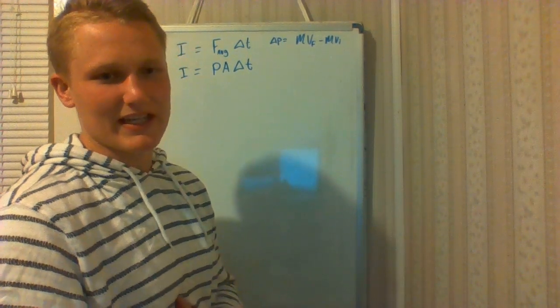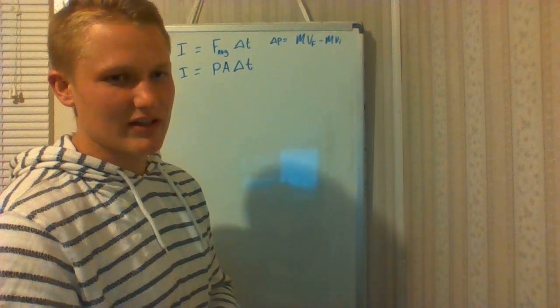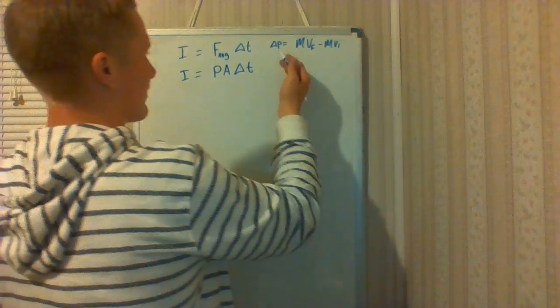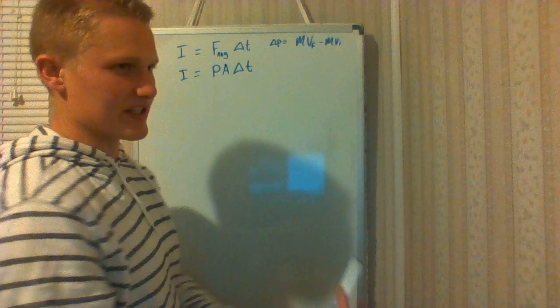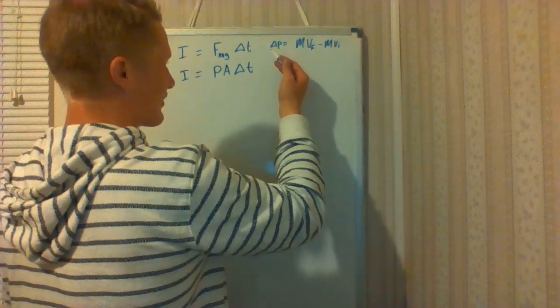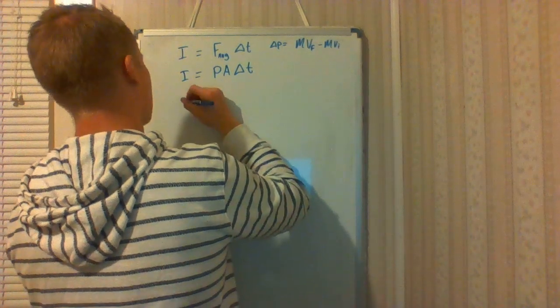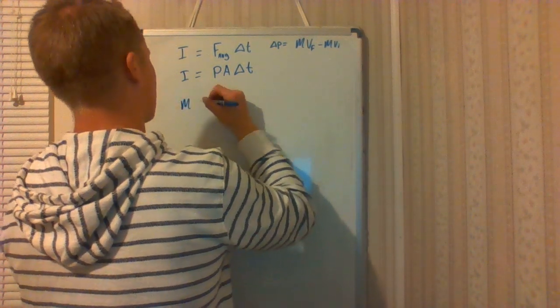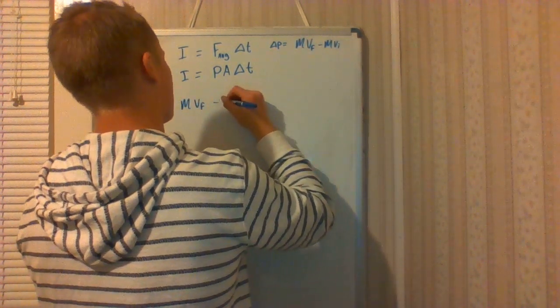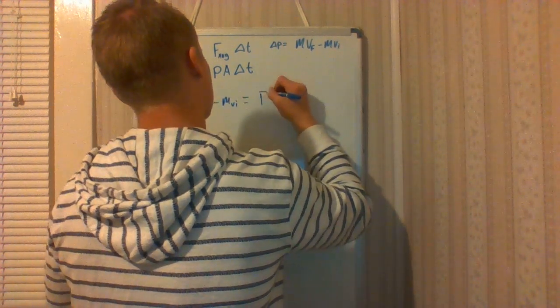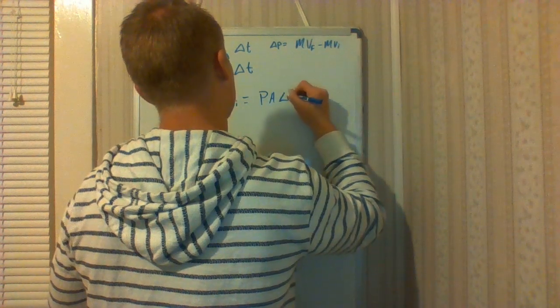Now we can set these equal to each other, your impulse here and your impulse there. So impulse is the change in momentum, so your delta P is your I. So now we can do m vf minus m vi equals P A delta t.